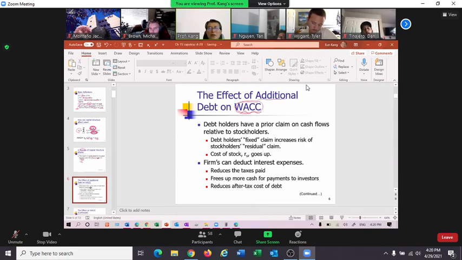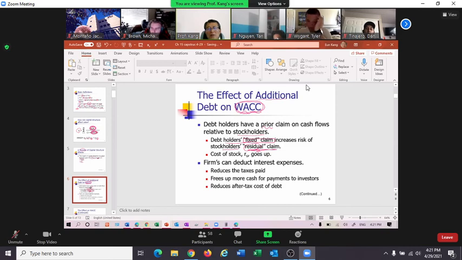First, we think about WACC. As you know, debt holders have a prior claim on cash flows relative to stockholders, right? If bankruptcy occurs, then debt holders have to be paid first, and whatever is remaining goes to stockholders. That's why stockholders have a residual claim. Residual means whatever is left after debt holders' fixed claim is satisfied, right?